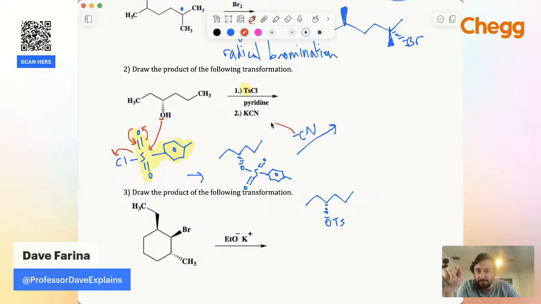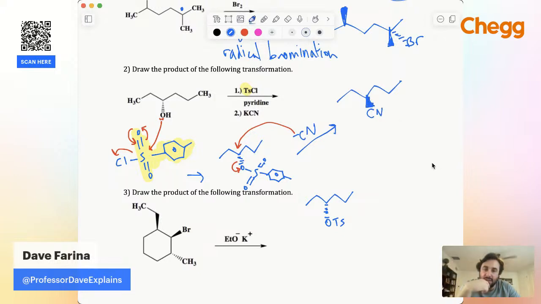And I'll show you why. So we get our SN2 product. And remember, with SN2, we have inversion of stereochemistry. So the O-tosyl was on the dash, so CN is on the wedge now. And then what we also have is we have this.